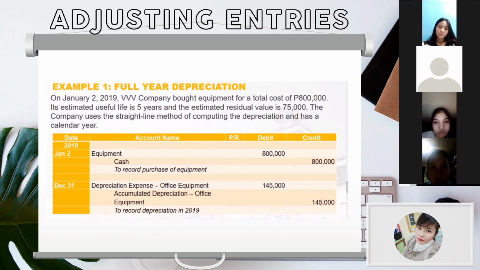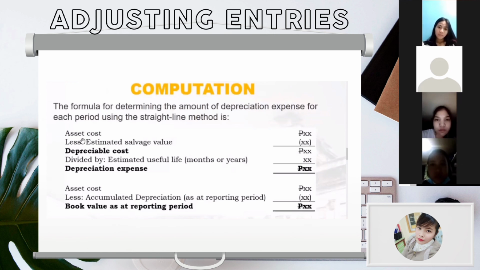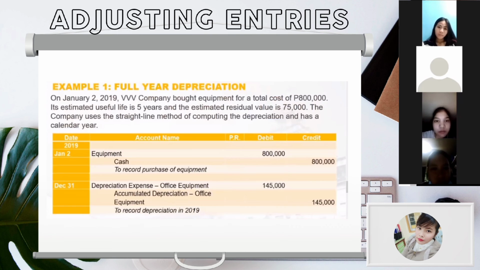Asset cost, go back. Tignan nyo dun sa ating asset cost minus estimated residual value, right? So, magkano ang ating asset cost? Sige nga, compute nyo nga. 800,000 minus 75,000. Very good. So, sige nga, 800,000 minus 75,000.